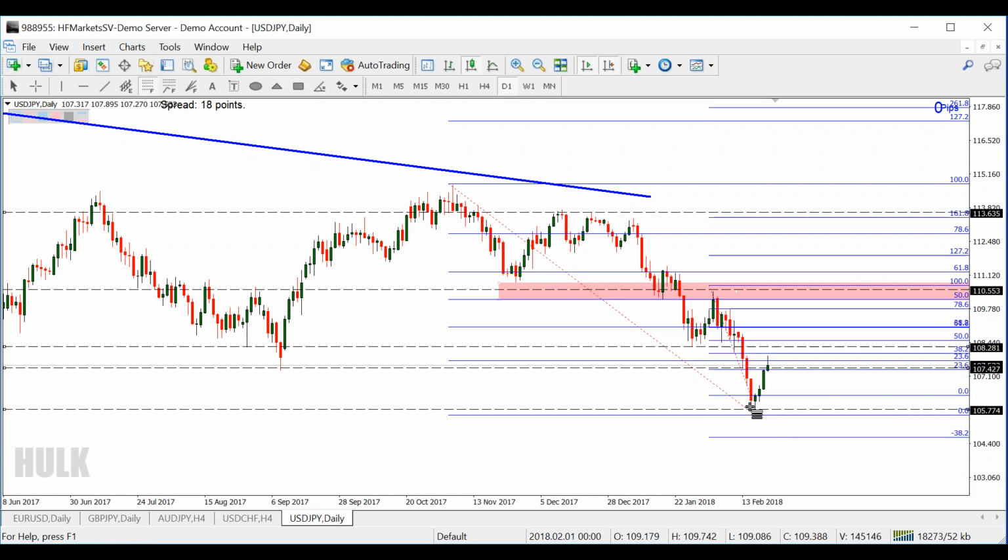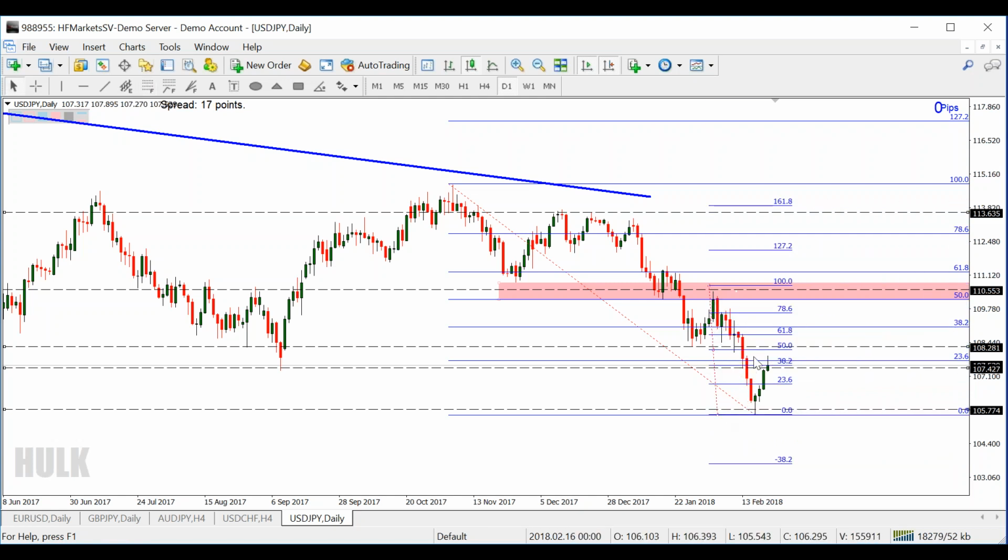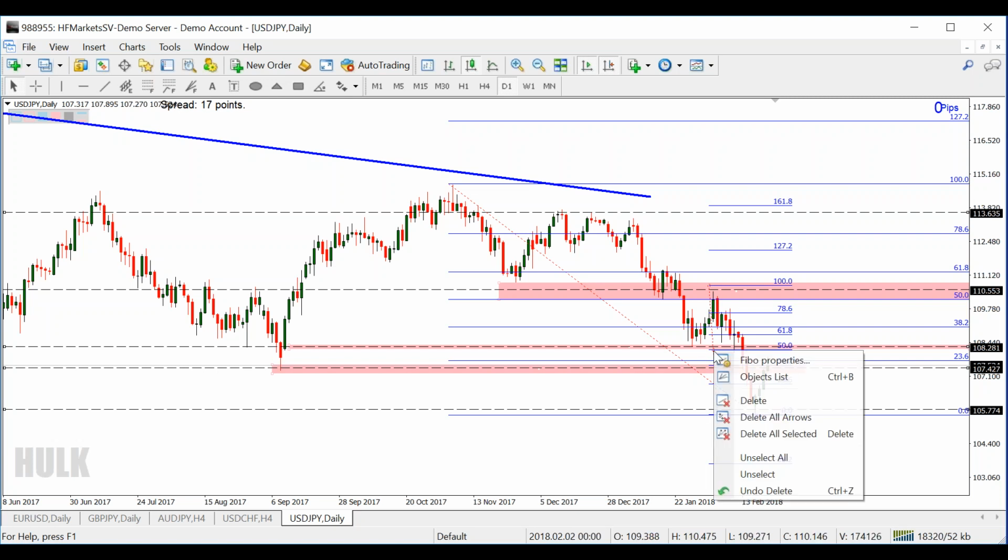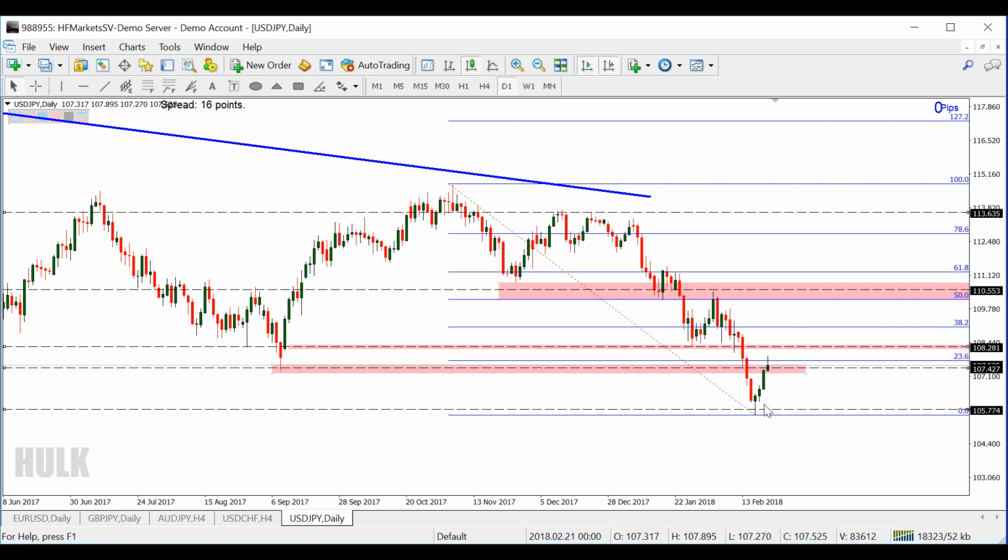Kalau saya lukis ini, swing high to swing low, this line, so here we can use Fibonacci and confluence dengan support resistance macam sini, support resistance dengan Fibonacci level dekat-dekat.